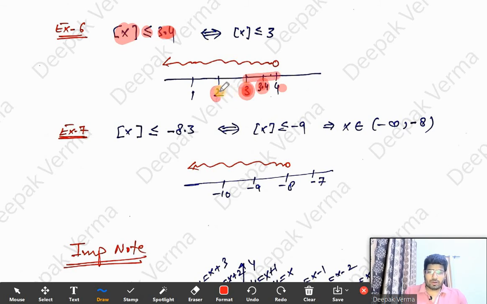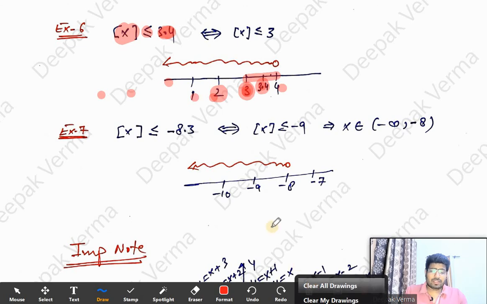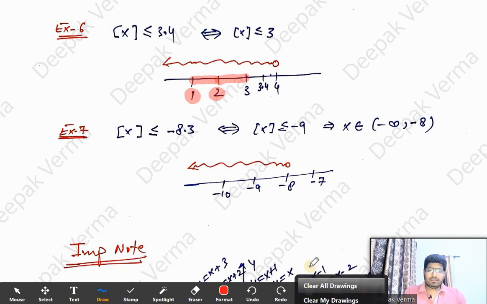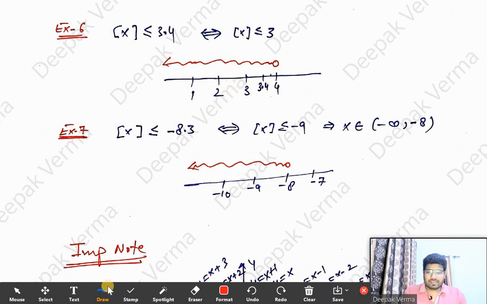If we want box equals 2, we want all the integers less than 3.4, which means 3, 2, 1, 0, minus 1, minus 2, like this. If we want box 2, then x must be between 2 and 3. If we want box 1, then x must be between 1 and 2. Is it clear? It means x belongs to minus infinity to 4, with 4 open bracket.